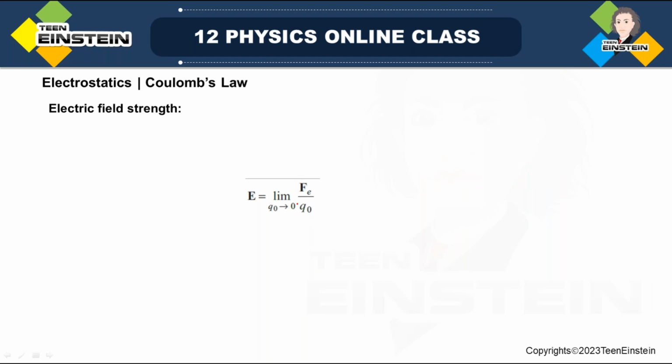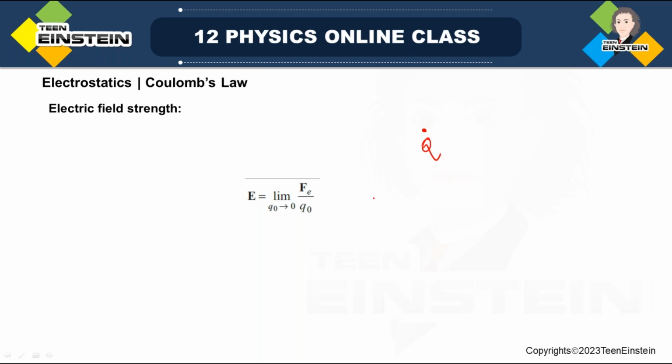So electric field is actually the force per unit charge. Suppose there is a charge or charge distribution, maybe charge Q. It is creating a field around it, so this is called the source charge.